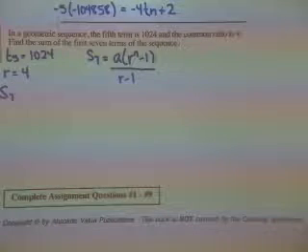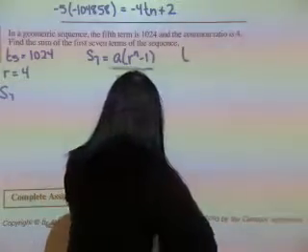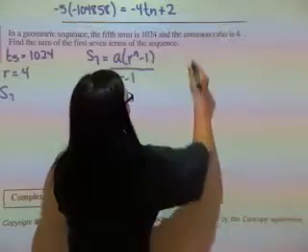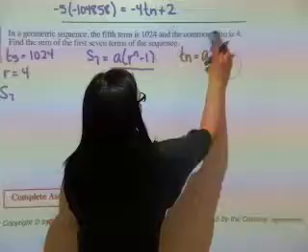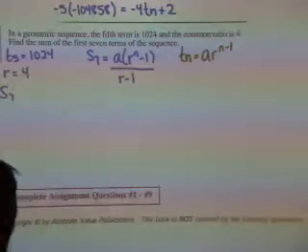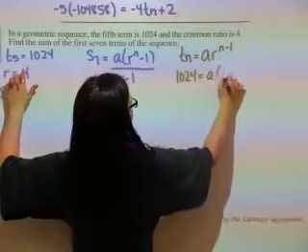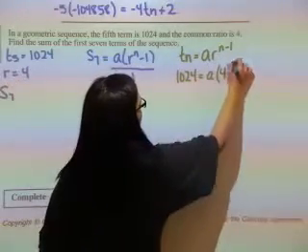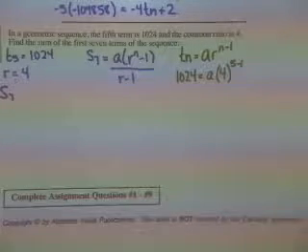Can I figure out what a is? I could go back to my t of n formula. The 5th term is 1,024, and the common ratio is 4. So this is what I get when I substitute those values into the equation.